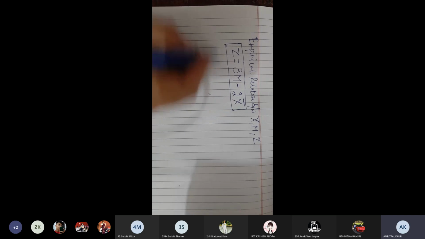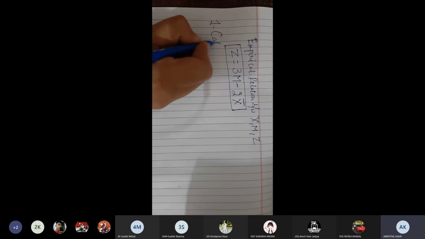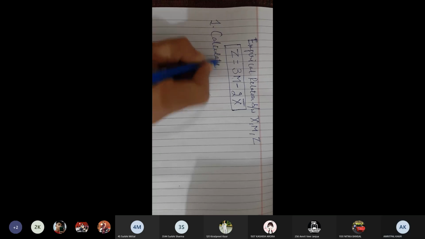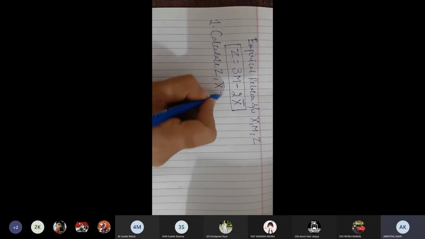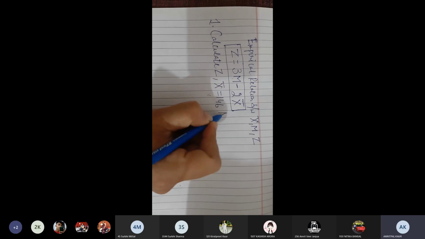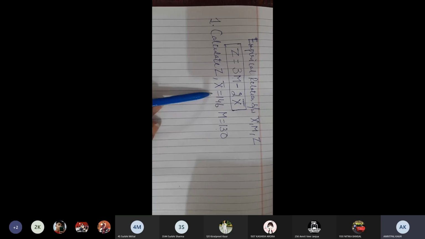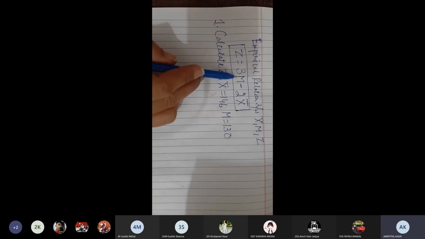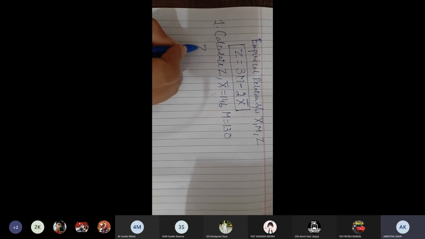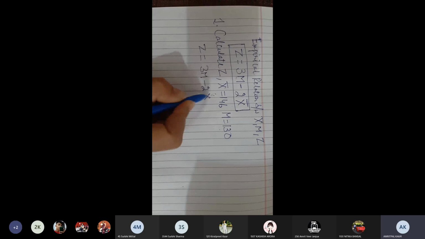For example, the first numerical is that we have to calculate mode when mean is given as 146 and median is given as 130. So mean and median are given, and we have to find out the value of mode. Let us fill the values in this formula. Z is equal to 3 median minus 2 mean.